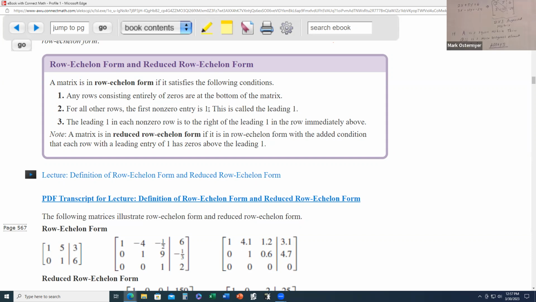This 1 is called the leading 1 of the row. Number 3, the leading 1 in each non-zero row must be to the right of the leading 1 in the row immediately above it. You'll see what that's saying in a moment.